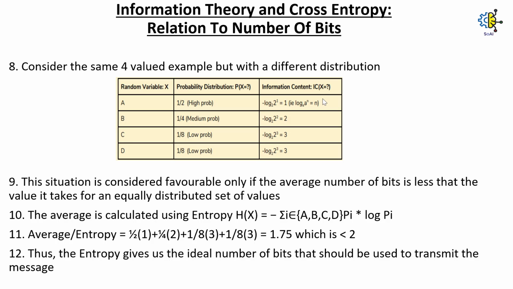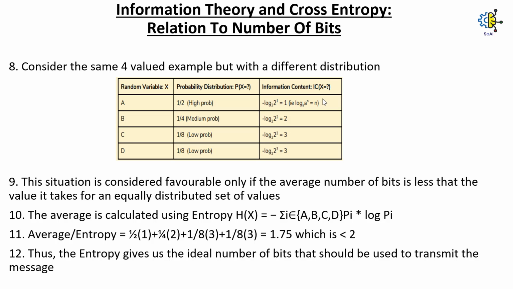Here random variable X with probability distribution and information content. For random variable A, the probability distribution is 1/2, which is high probability, and IC is minus log base 2 of 2 to the power 1, which is equal to 1. And for random variable B, the probability distribution is 1/4, which is medium probability, and IC is minus log base 2 of 2 to the power 2, which is equal to 2.